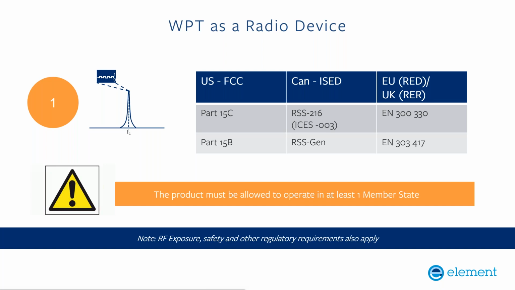It may be that Part 18 would also apply, but in this particular case, because the carrier is being modulated, it would typically be approved under Part 15C. And I refer you back to that KDB, because the KDB provides some more granular details as to whether Part 18 is also applicable, or in lieu of that with just Part 15 only.